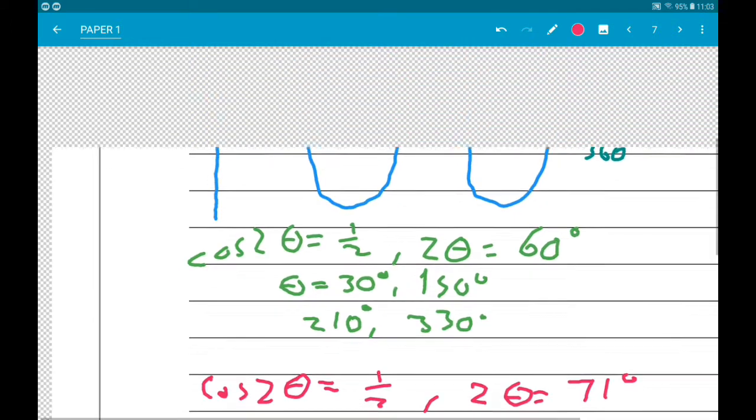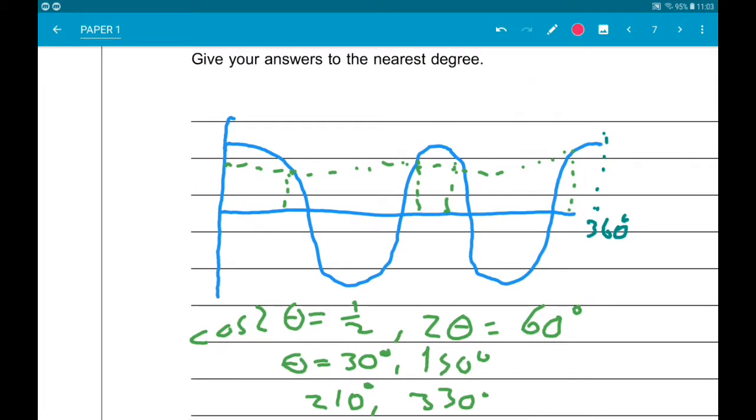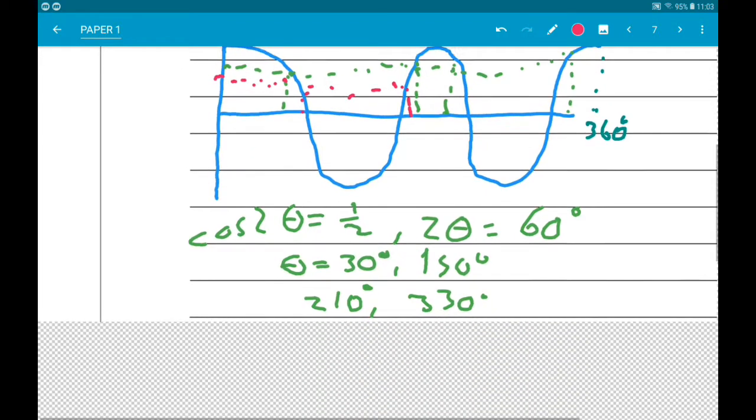So that gives us the first one back here. So the second one is then 36 degrees back from 180, so that's going to give us 144.